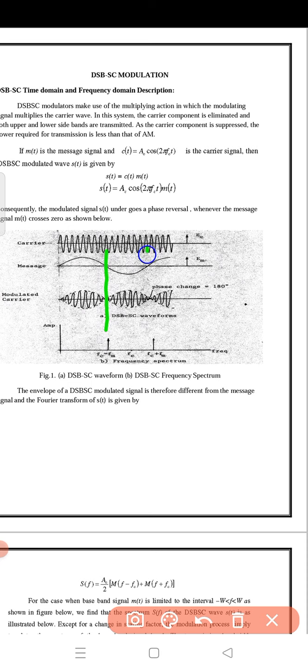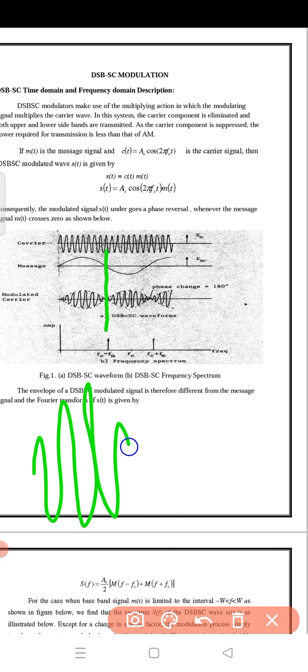This does not occur in the AM wave, where there is a continuation.